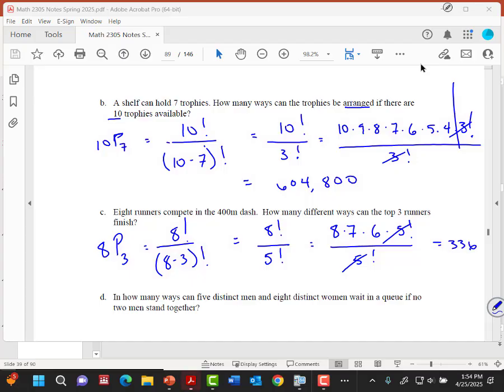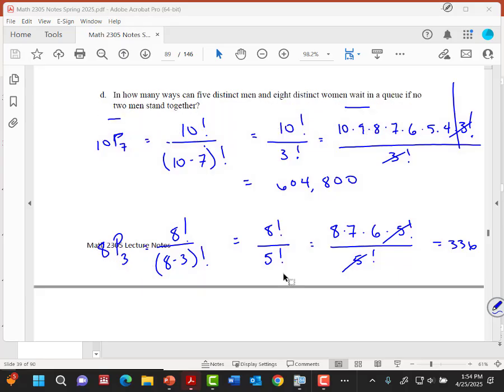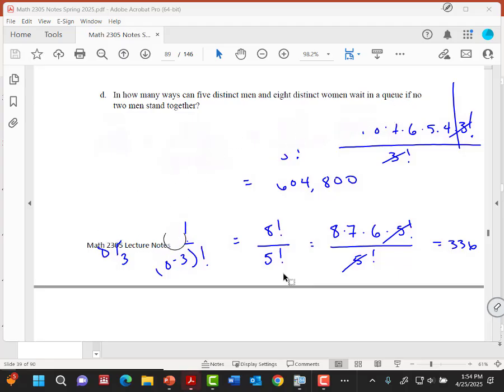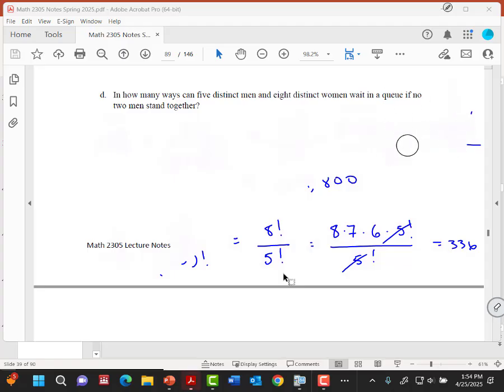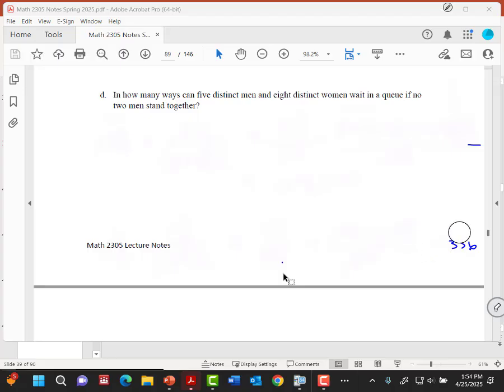Let's take a look at part D. How many ways can 5 distinct men and 8 distinct women wait in a queue if no 2 men stand together? Okay, so let's think about how we might go through this.